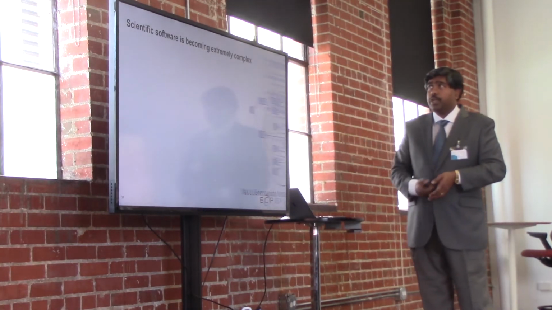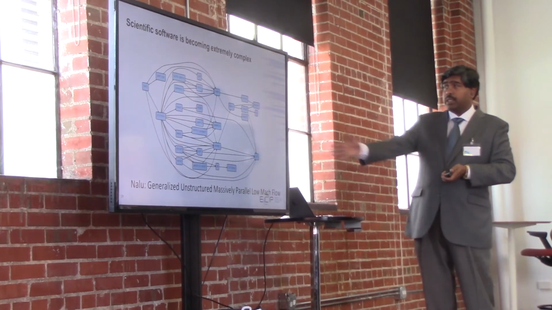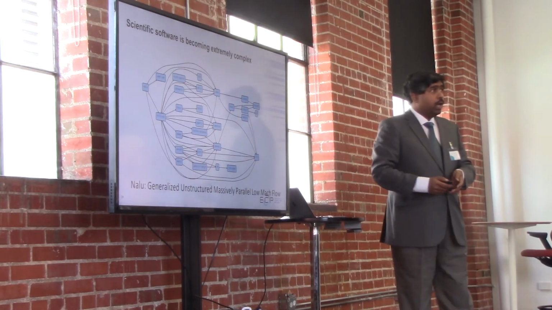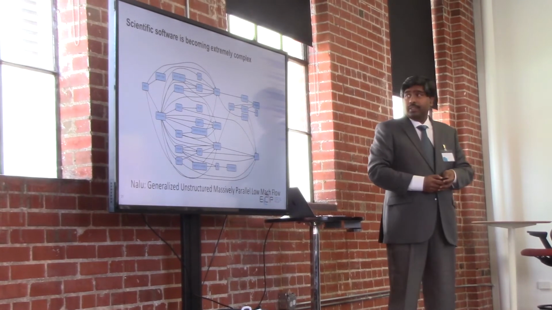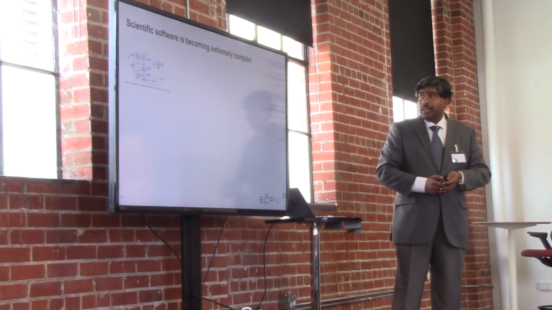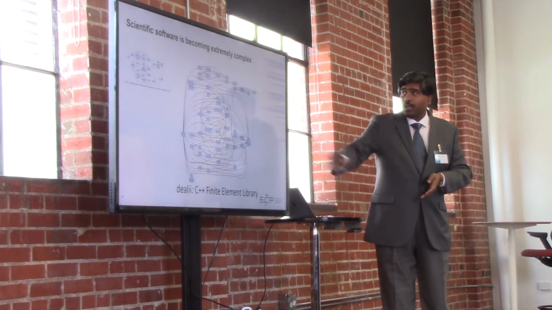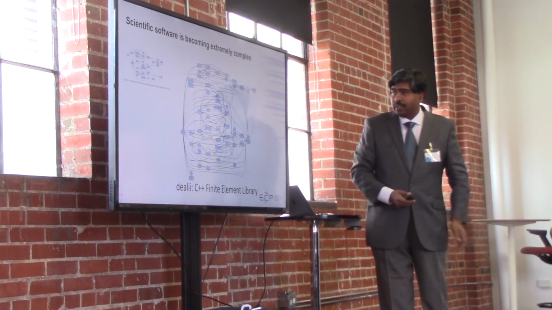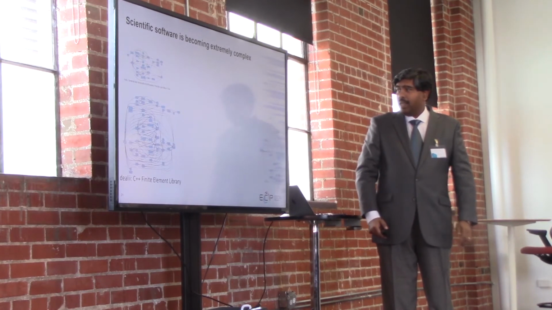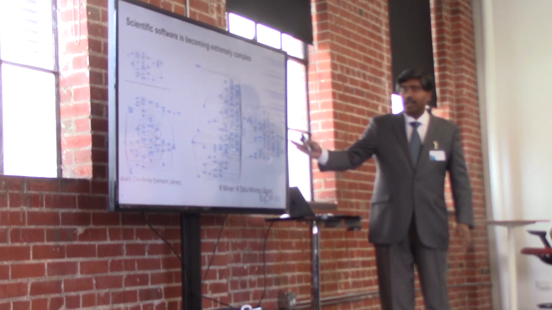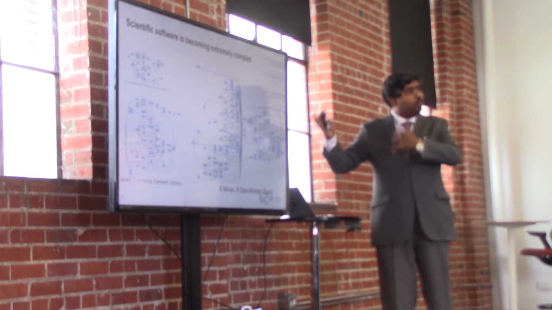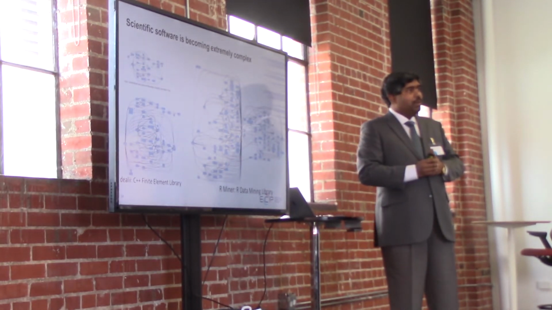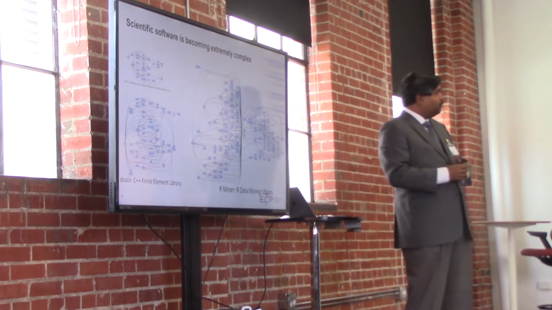Why SPAC? Well, scientific software is becoming extremely complex. You can see this is an example of Nalu, a code, and this is the dependency graph. Okay, here is another example. This is the deal 2, and you can see all of these packages, whether it's Python or Metis. Here is another, R minor, and installing this full dependency graph one by one is really hard for HPC developers.